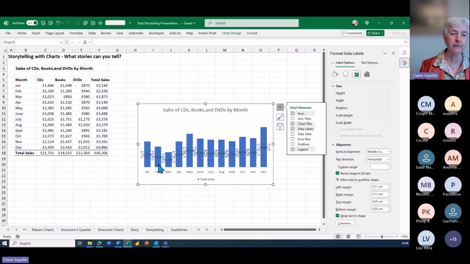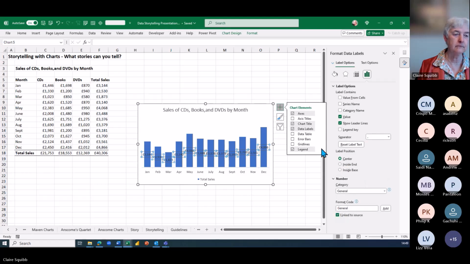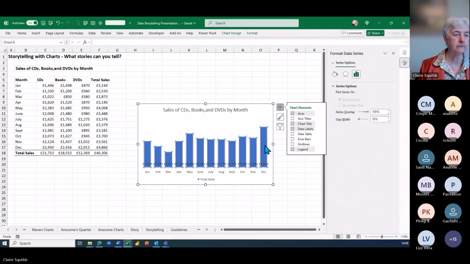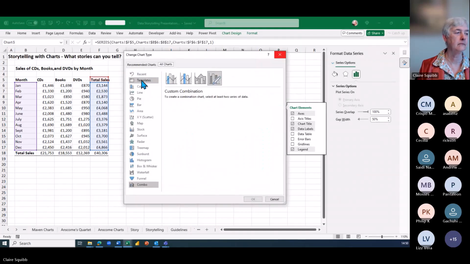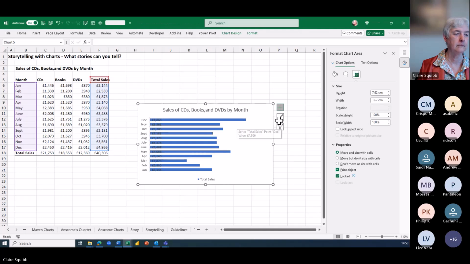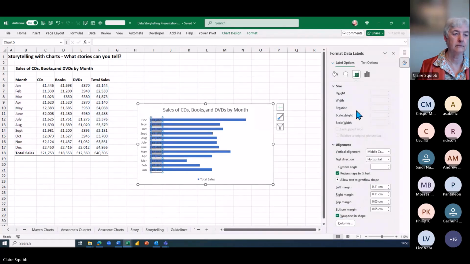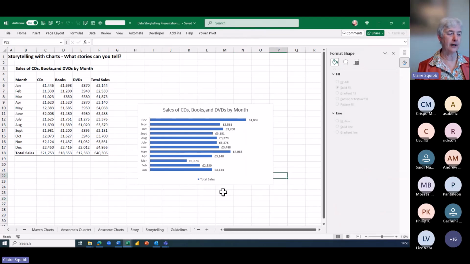Yeah, it really doesn't want to go there. There we go. So depending on your chart type, you've got different things that you can look at.